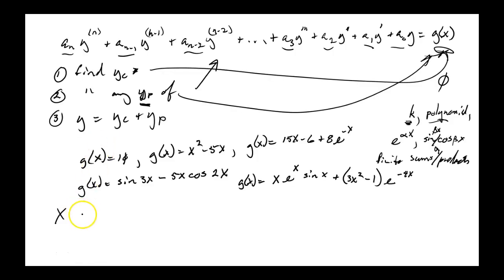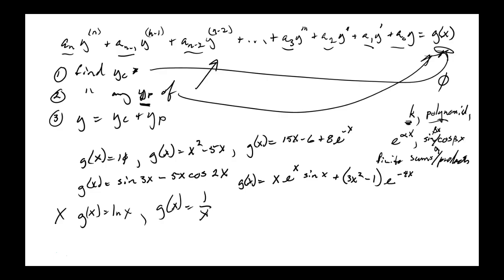g of x equal log x, your favorite. That can't happen, okay? g of x equal 1 over x. That can't happen, that's a rational function. g of x equal tan x.